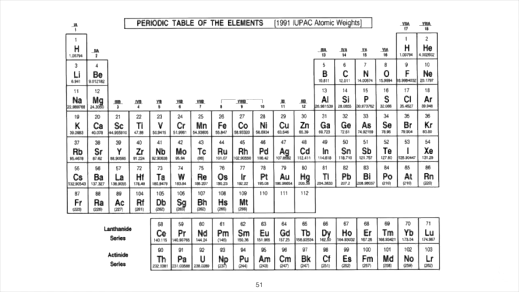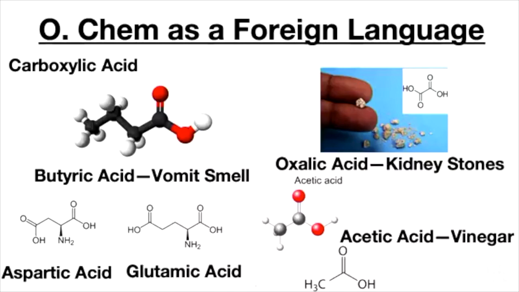Oh, wait, I forgot. Let's break up this very boring conjugate base talk with a little bit of OChem as a foreign language. So carboxylic acids that we just had on this DocCam are actually pretty cool molecules and ones that we interact with all the time in our lives. From vinegar, which is acetic acid, to formic acid, which we learned about last week with the ants, to butyric acid, which smells horrible.